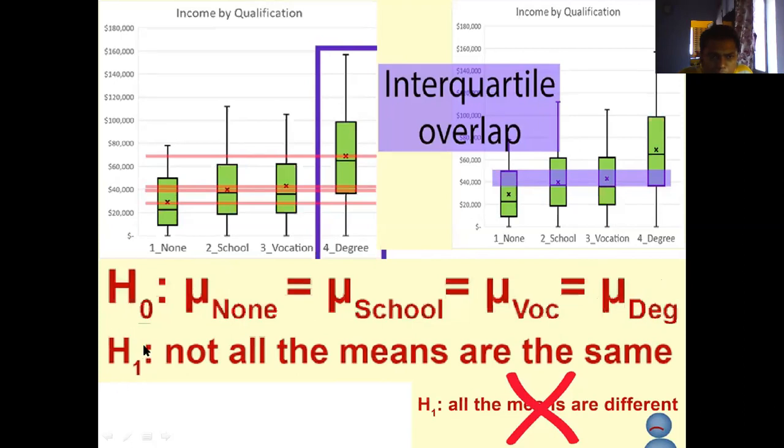And in case of the alternative hypothesis, all the means are not the same. Now notice that all the means are not the same does not mean that all the means are different.